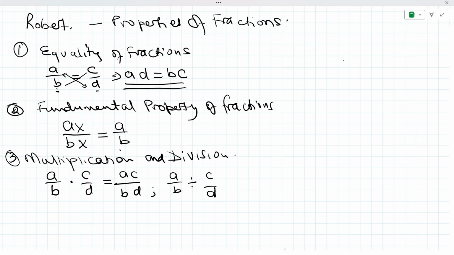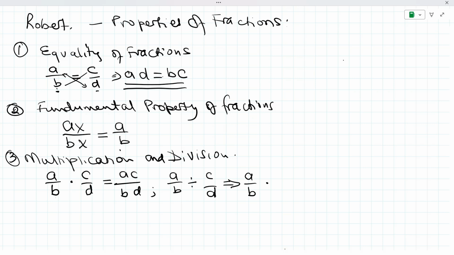Because multiplication is the reverse of division, what we do here is to get rid of this division sign by introducing the multiplication sign. And that is done by multiplying the first fraction by the reciprocal of the second fraction.